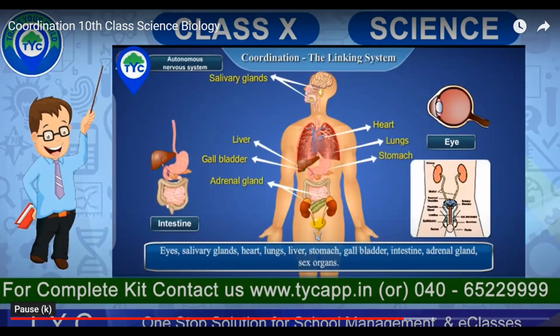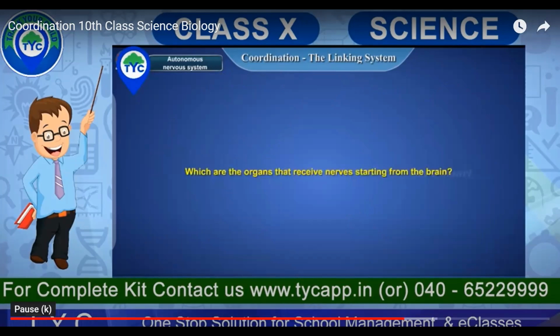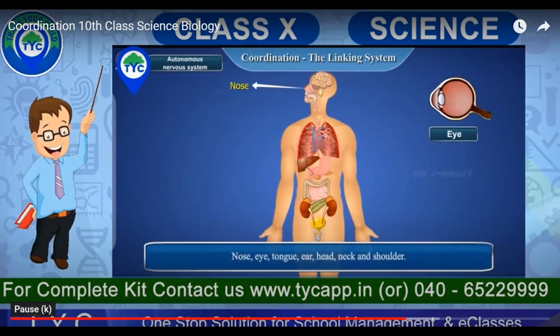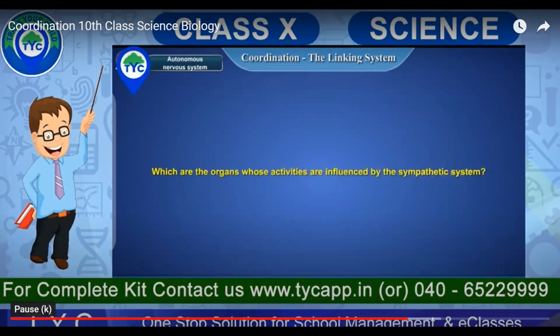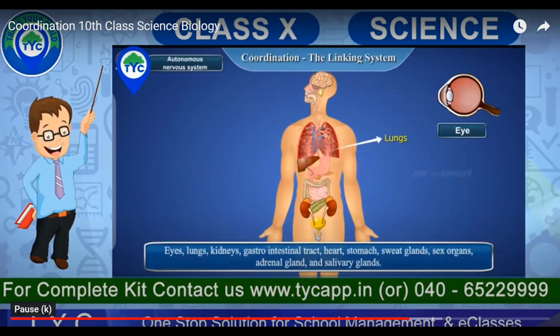These are all happening because of the nervous system that receives nerves from different parts of the body to your brain. If you look at the nose, eyes, tongue, ear, head, neck, everywhere, this is being influenced by a system called the sympathetic nervous system.